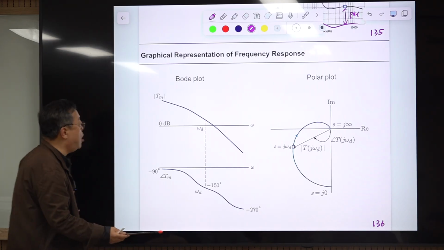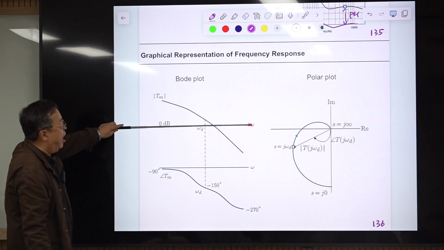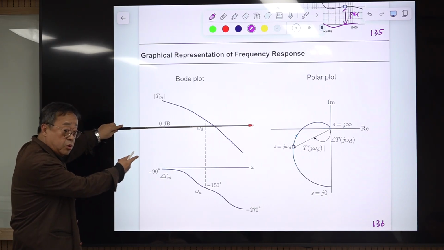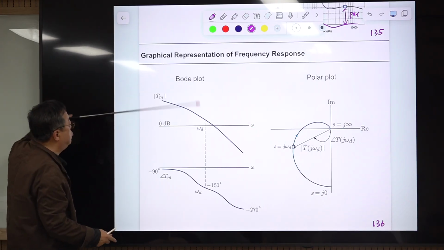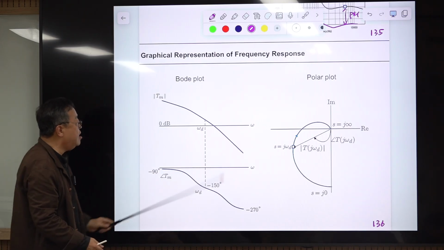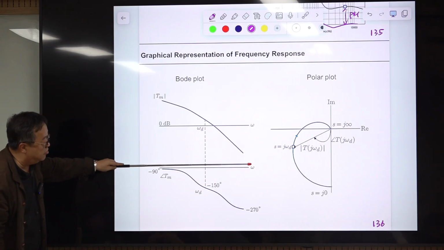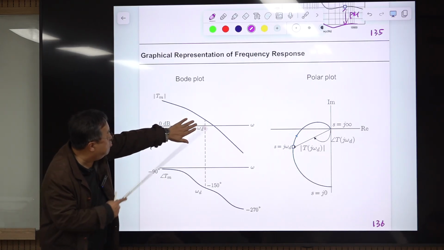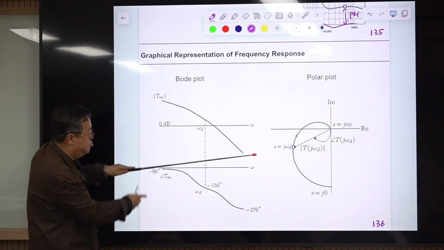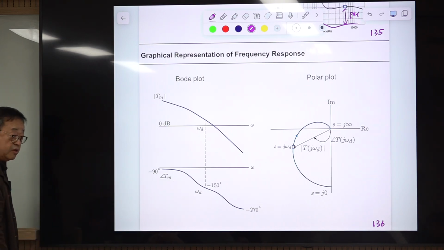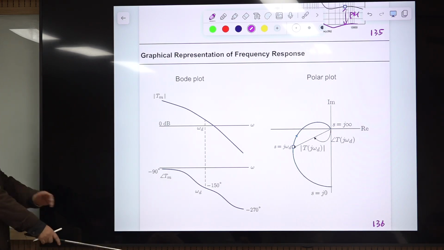In the Bode plot, omega as frequency is explicitly shown here, and this is the magnitude. The axis is magnitude in dB scale, and you have another axis for the frequency, or you share it with this for the two plots, but you can use a separate frequency axis, and this is the phase. This is a Bode plot.